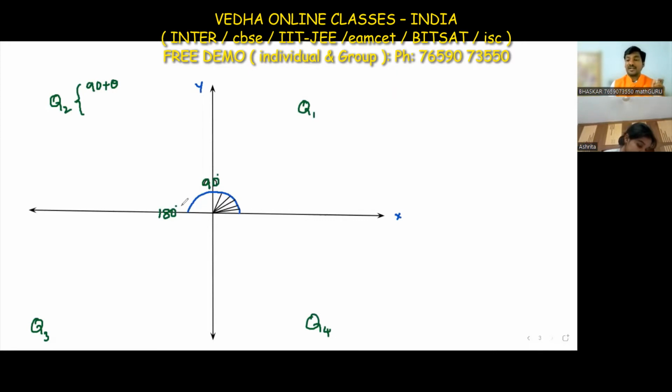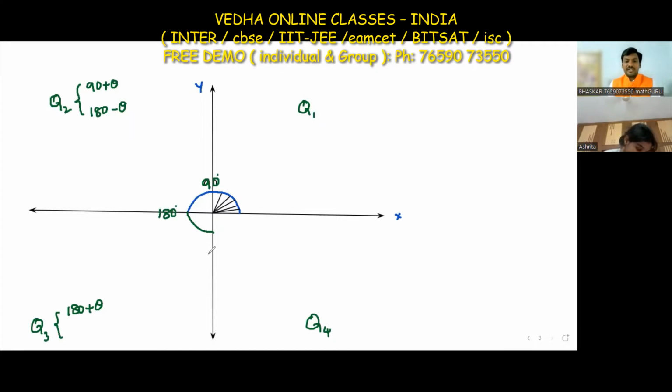More than 180 it enters into the third quadrant, that means 180 plus theta is in the third quadrant. 180 minus theta, less than 180, is in the second quadrant.